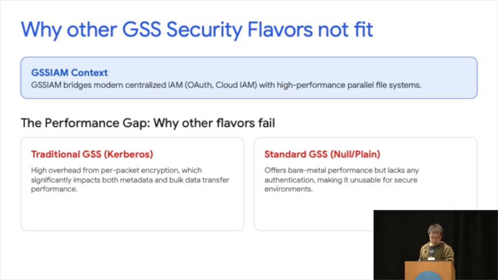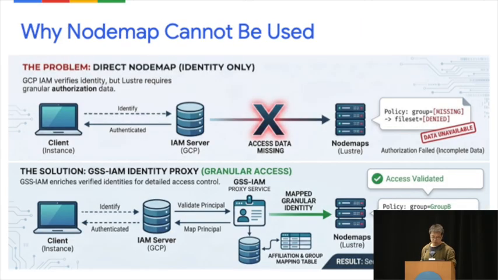If you want security protection, nodemap is perfect. It works fine. But if you're using nodemap, it requires that the client has the group affiliation information. Basically, the client needs to prove that you belong to a group, either by your NID or by your SSH key.